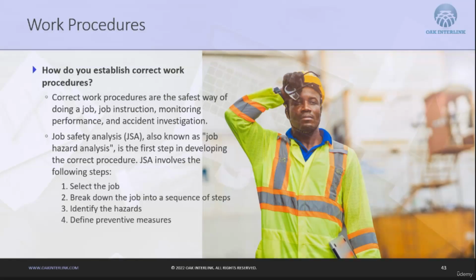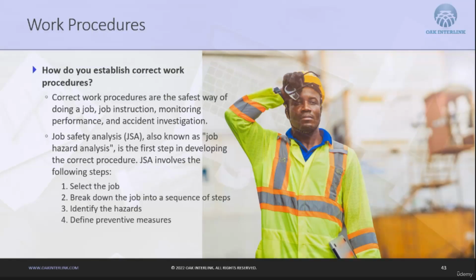instruction, monitoring performance, and accident investigation. Essentially, we're saying that the best way to go about a particular job is what is considered as the correct work procedure. And in order to determine, now that is taking safety into consideration, that means the safest way to go about doing the job.